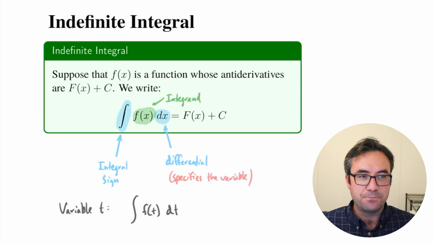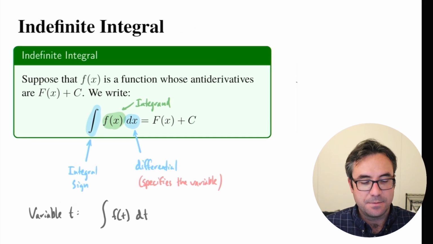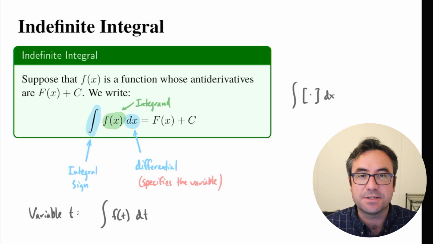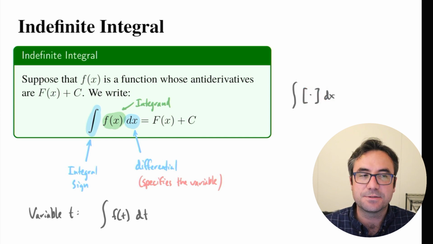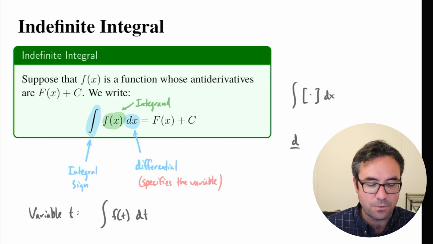And so you want to think of this integral sign with the dx at the end as really directions telling us to integrate everything inside here with respect to x. That's like the notation that we've seen before for derivatives.